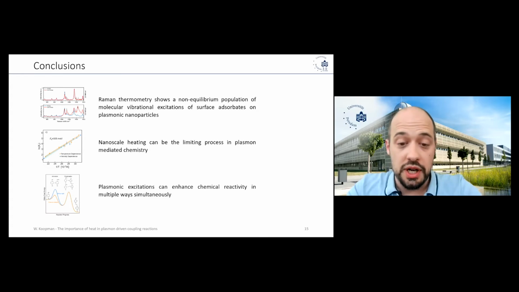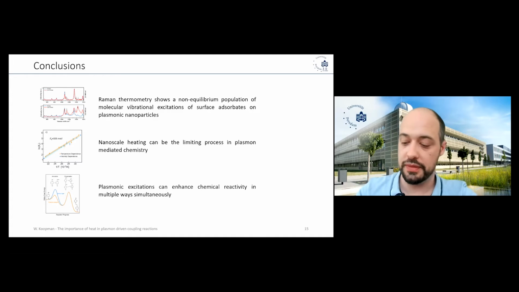And therefore, plasmon excitations are great because they can not only provide a source for catalyzing a reaction, but they can also provide the driving energy to overcome multiple barriers, and sometimes both are important.